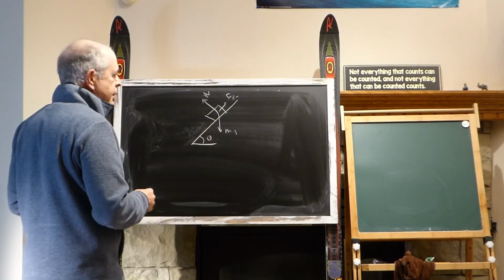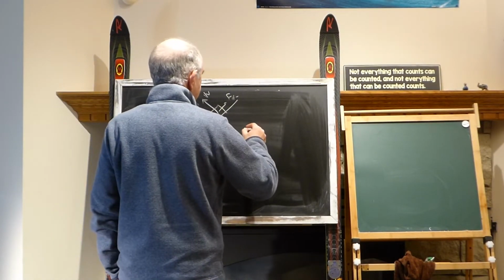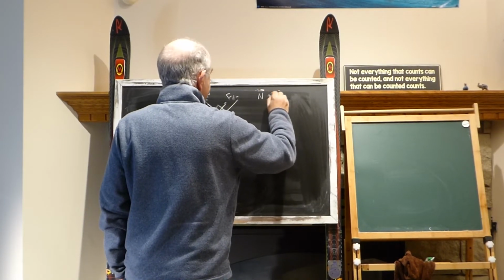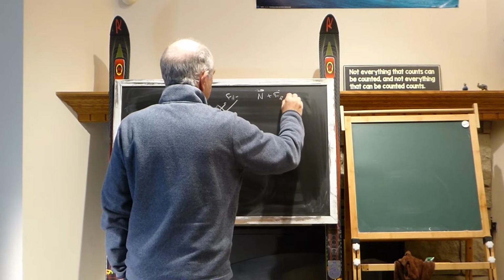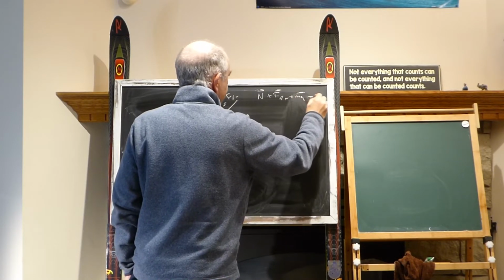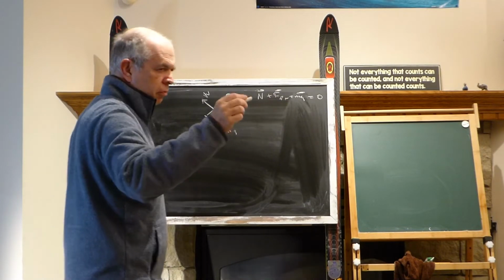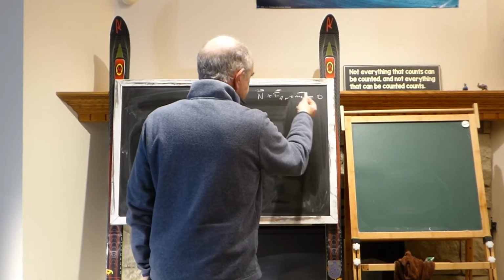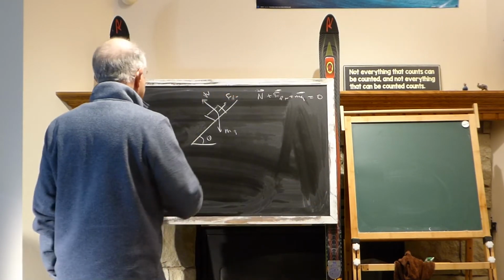They want us to find all the forces. It's very easy to solve. You can write N plus F friction plus mg, and this should equal 0. I will not go into why, but the sum of vectors equals 0.